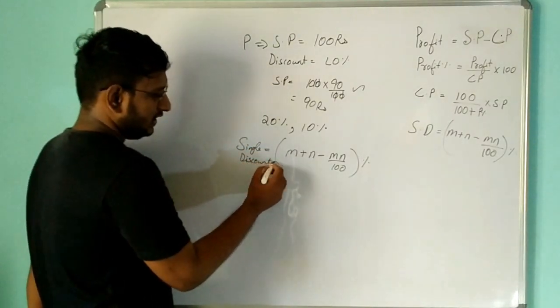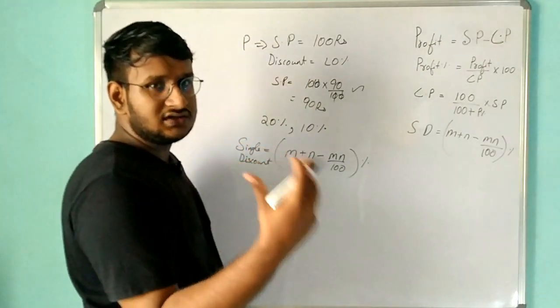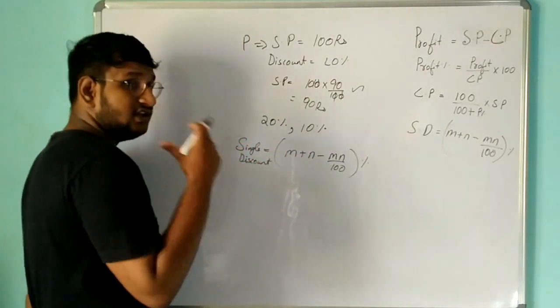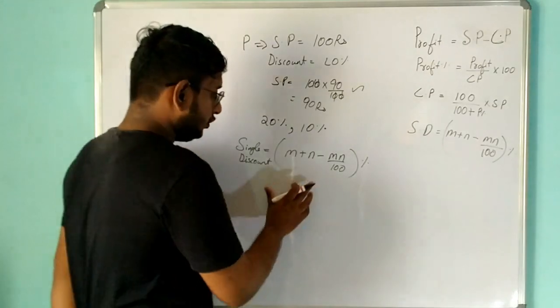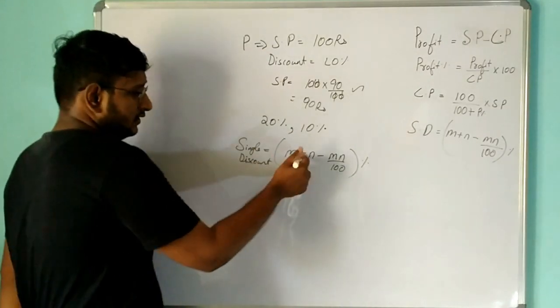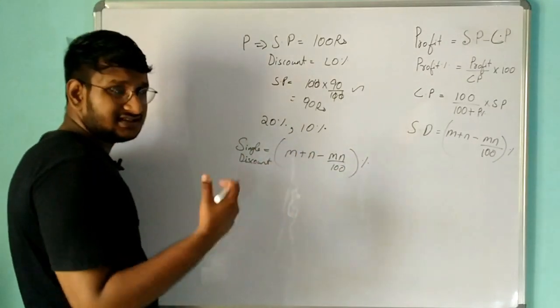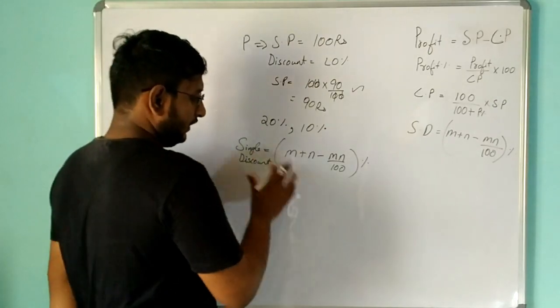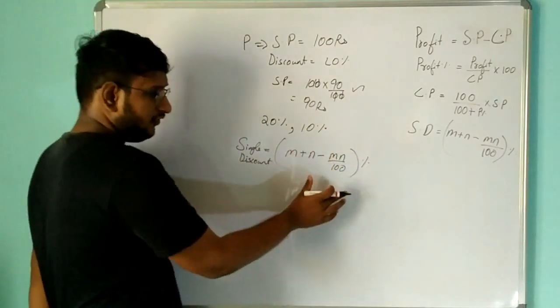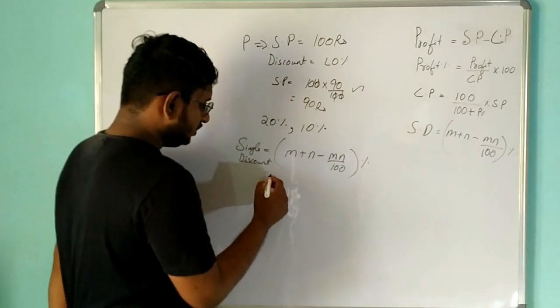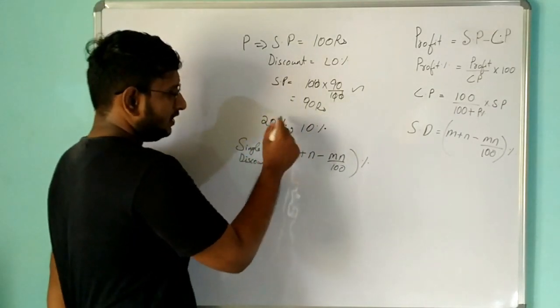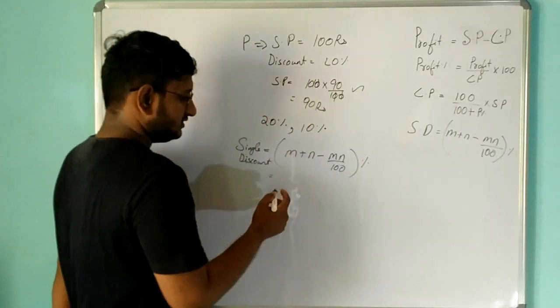If they have given successive discounts of 2 or 3 discounts, and we need to find a single discount, we need to use this formula. Here m and n are the successive discounts. If we substitute m and n in this formula, we can get the single discount. In this case, m and n are 20 and 10% respectively.